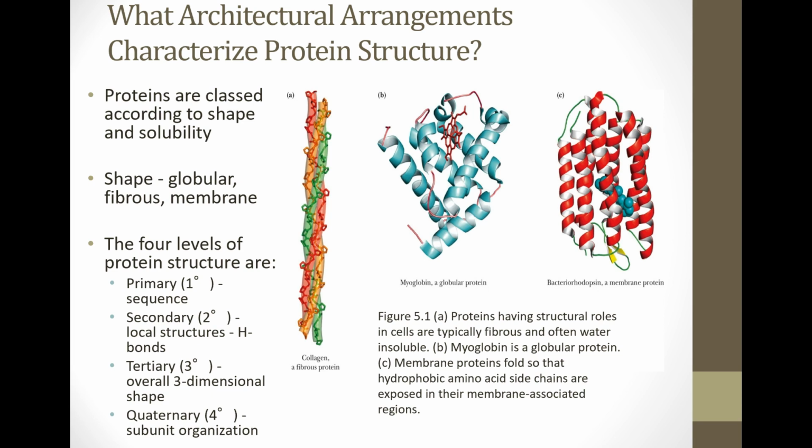So, what kind of structures do we see in proteins? So, we typically classify proteins based on their shapes and whether they're soluble or insoluble or what environment they tend to exist in. So the different shapes typically are globular, fibrous, and membrane proteins.